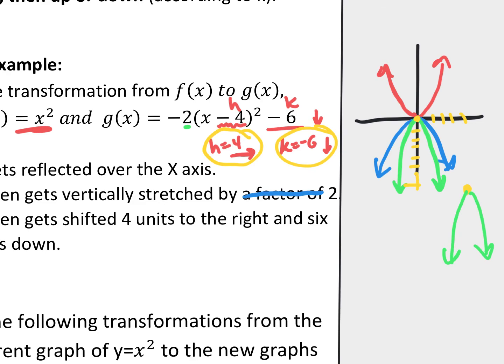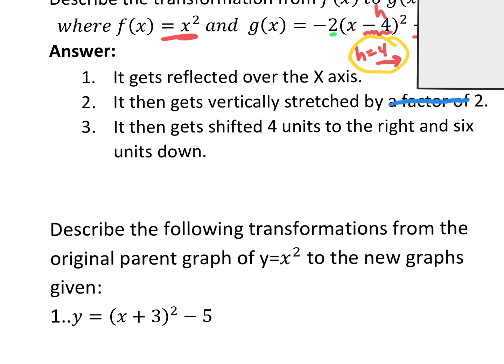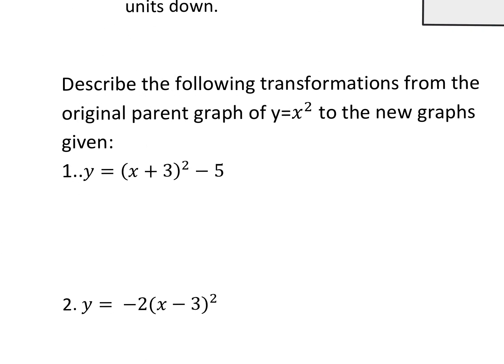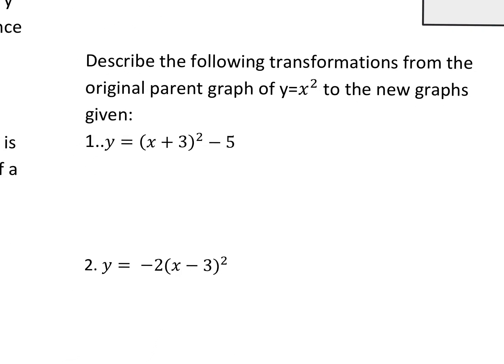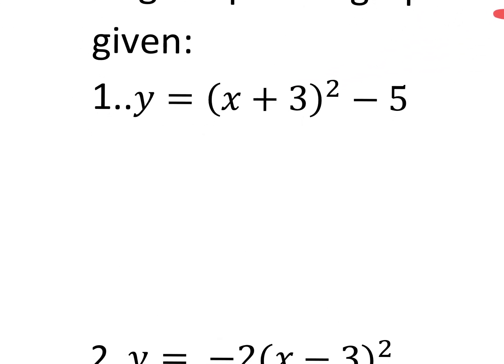It's pretty crazy. Let's move on down here, and let's practice describing some of these transformations. And we're going to be describing the transformations always from the original parent graph of y equals x squared to the new graph that's given to you below, okay? So let's go through and ask ourselves the questions.